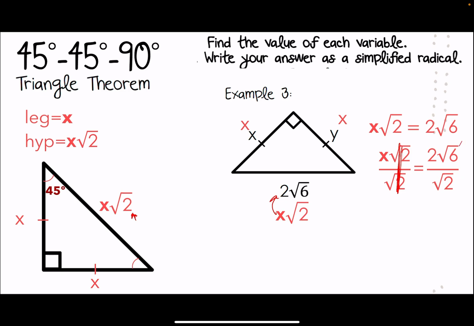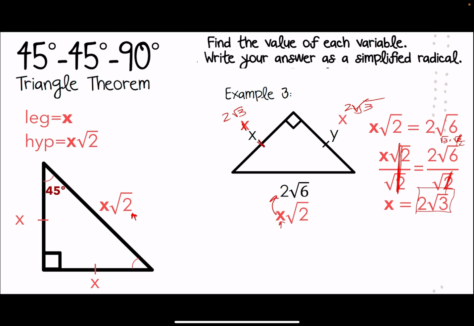And now for the square root of 6, I want you to think about it as the square root of 3 times the square root of 2. The square roots of 2 will 1 out. And you're going to be left with that square root of 3 still. So you get that 2 square roots of 3. And that bold X right here, that's equal to 2 square roots of 3. Well, if that's 2 square roots of 3, then this is also 2 square roots of 3.